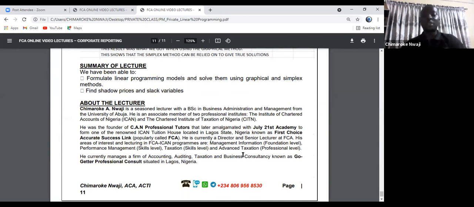We'll be able to interpret the simplex method tables, the initial table and the final table, which is a main thing in management. Management is going to formulate the initial table and the system is going to iterate and produce the final table. The final table is what management needs to take decision. So you see, our simplex method is a combination of what we did in the graphical method and the shadow price.